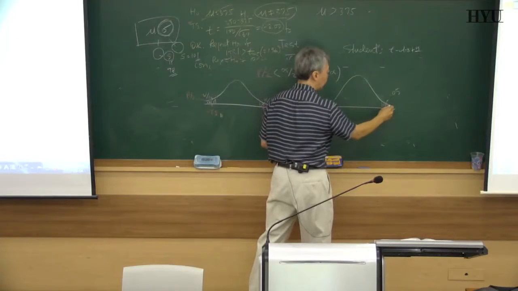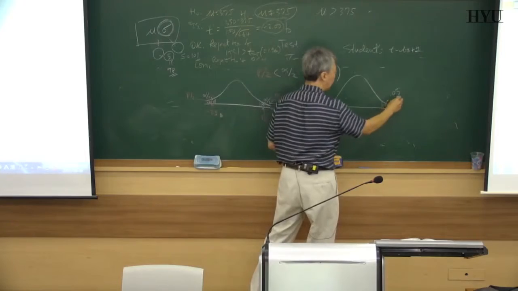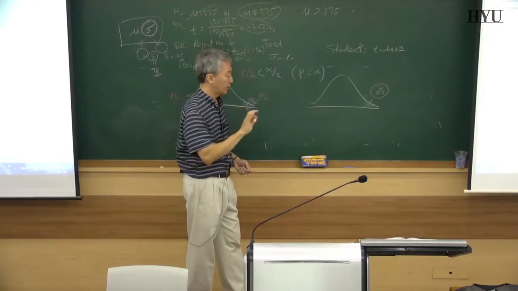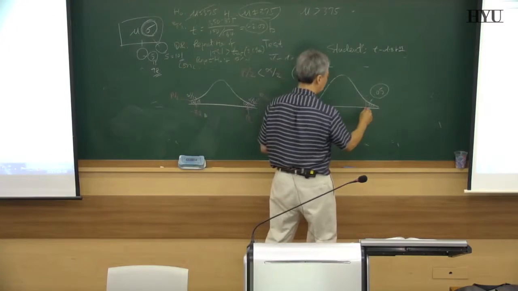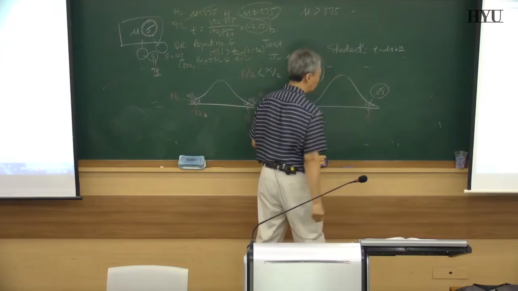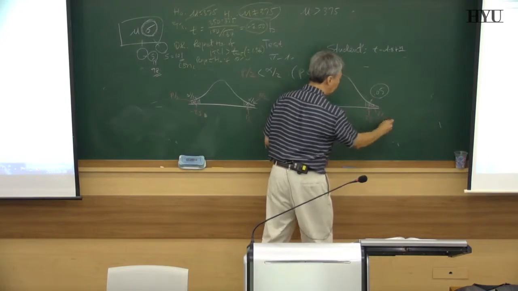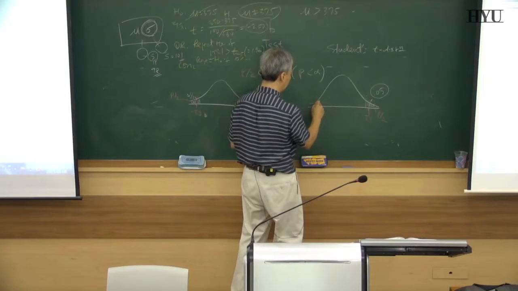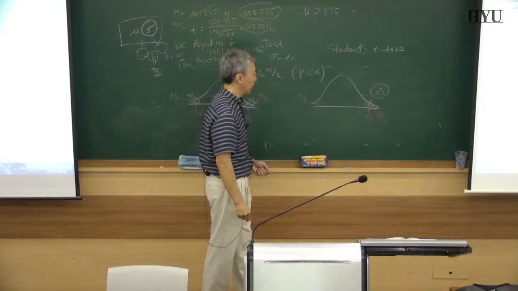Then you set up the rejection region on the upper tail only, with the entire 5% probability of type 1 error on that side. If your test statistic comes out here, that's half of p, because you have another half of p on the other side.